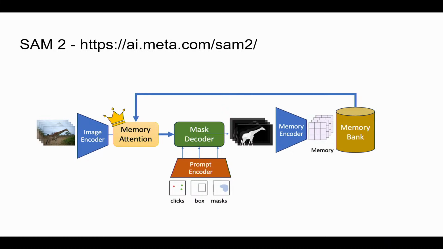And of course, this can be done with videos. There's, for example, Segment Anything 2. It's almost the same image encoder, prompts, and mask decoder, which creates a mask. But because it's on video, these outputs get compressed into memory. This is done with a convolutional network. I'm not sure, there are sort of tokens stored in the memory, or it's vectors.